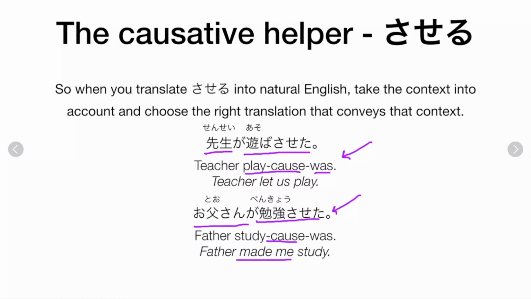So my dad let me study instead of making me go to the party. You can imagine scenarios where that makes sense, but if it's such a complicated scenario where all that context is required, you would have that before this sentence. You don't have to, from this one sentence, figure it out. You would have additional context.